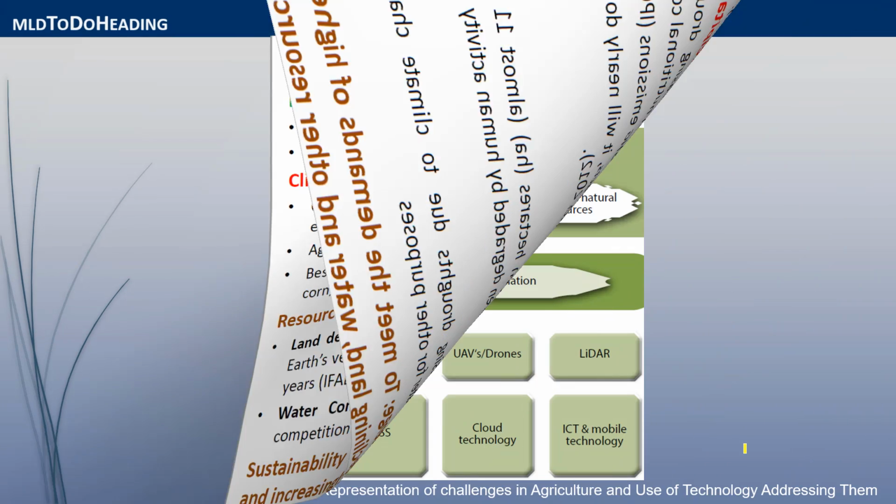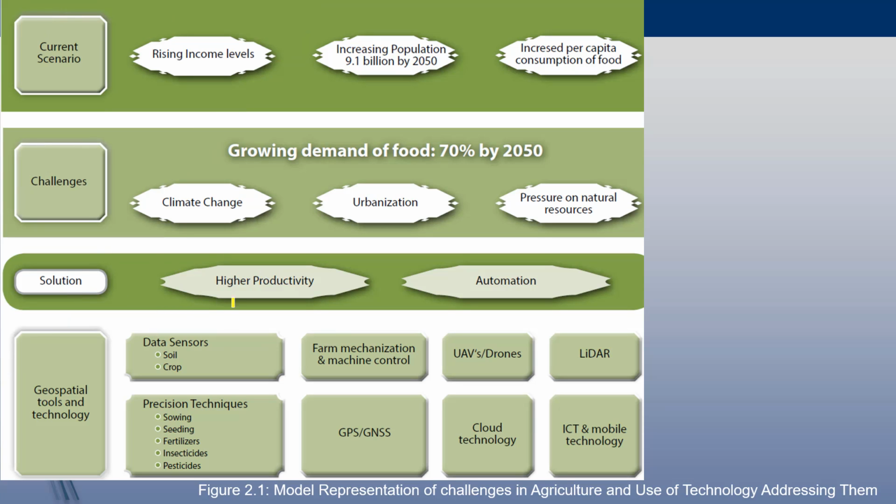So the next slide is a model, a representation of the challenges in agriculture, and we are going to use some kind of technologies to fight those challenges. This is the current scenario: as compared to the 1960s, the per capita income level is increasing, and so is the population.